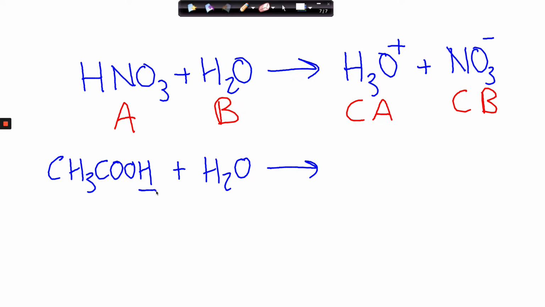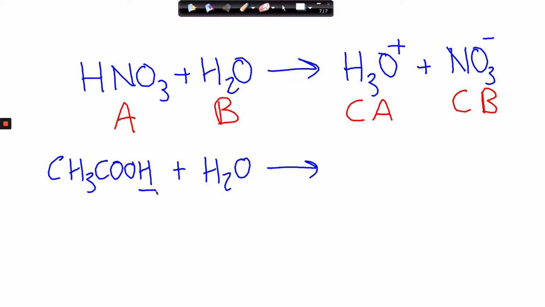Why? We'll talk later. For now, what you need to know is that when we write the chemical formulas for acids, there will always be a lone hydrogen. It will either be very last or very first. That is what is called the acidic hydrogen.